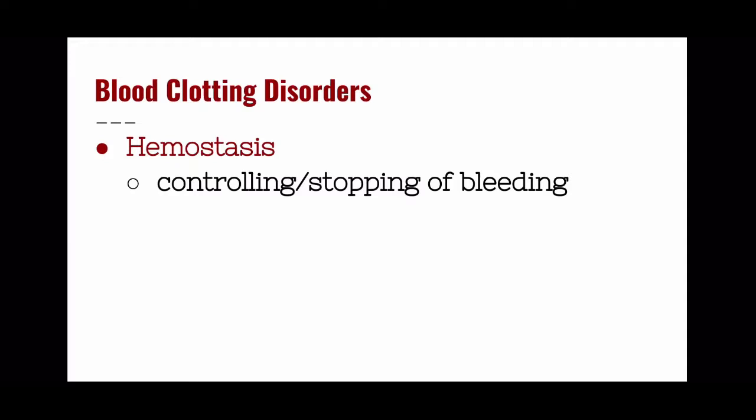You're trying to maintain or keep a stable internal environment. So you're trying to keep the same water levels and oxygen levels and all of that. Now the root hemo in hemostasis means blood. So hemostasis is controlling blood, or in other words, controlling bleeding.